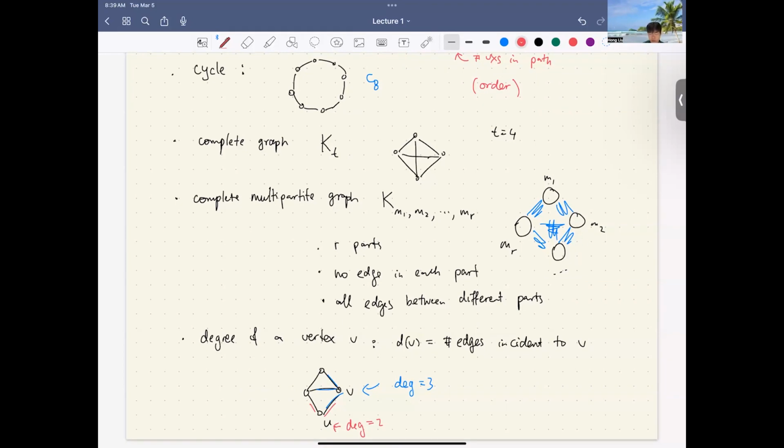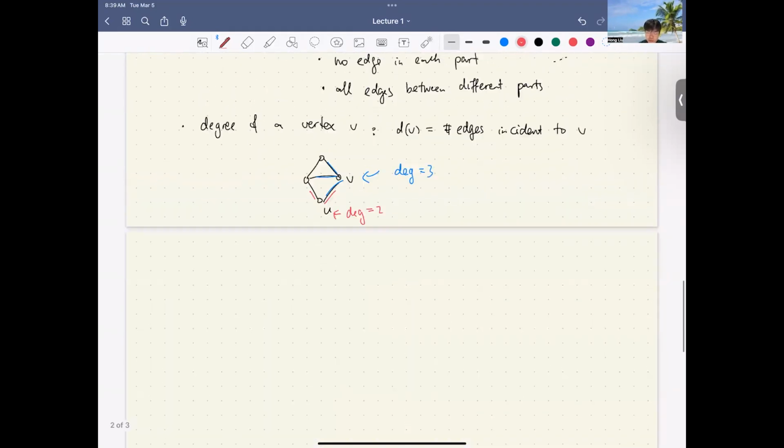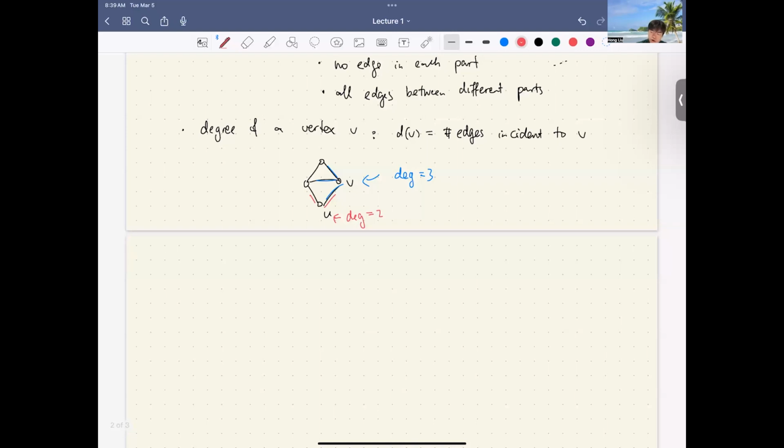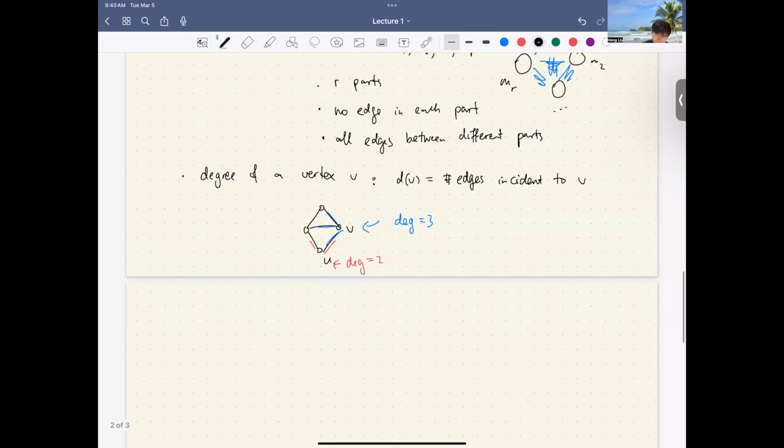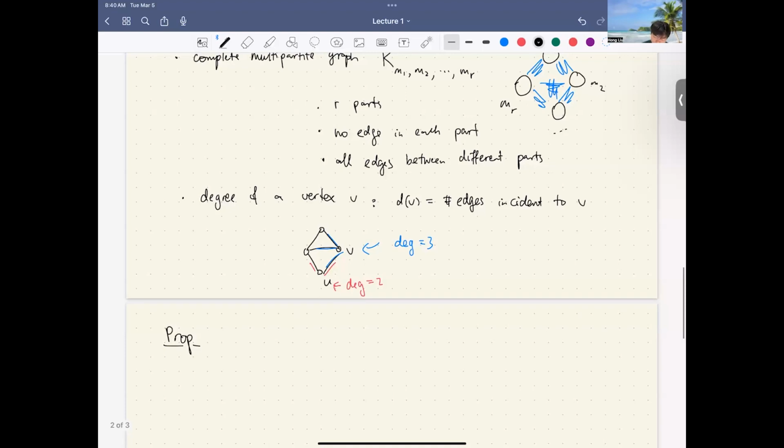Very simple. If you haven't seen this before, some of you are early undergraduate students, and you haven't seen graph notions before, you can try to prove this proposition. It's a simple exercise. For any graph G, the number of edges, I will use this notation e(G), times 2 equals the sum of the degrees of all vertices.